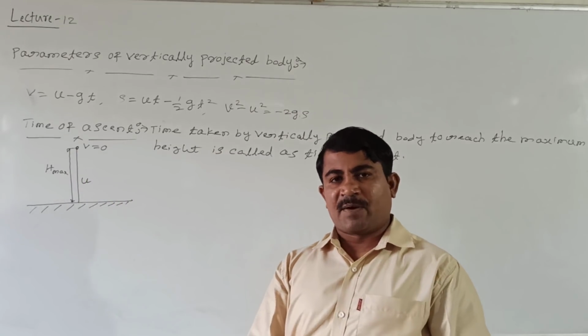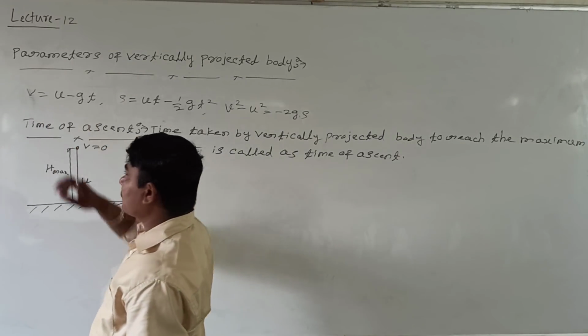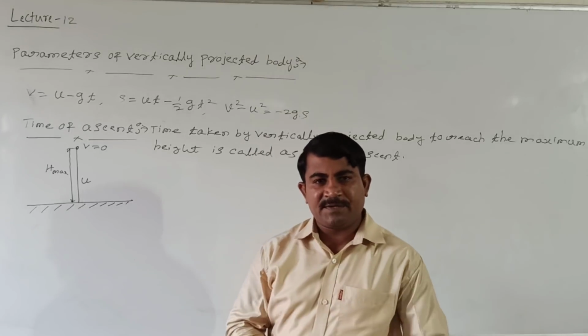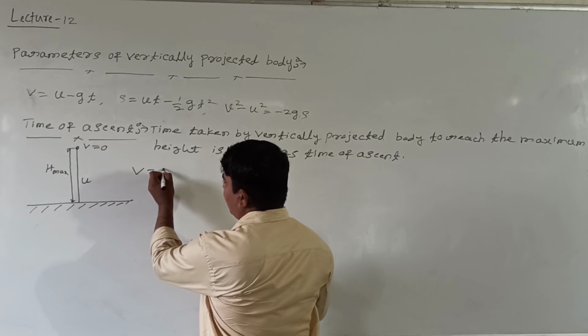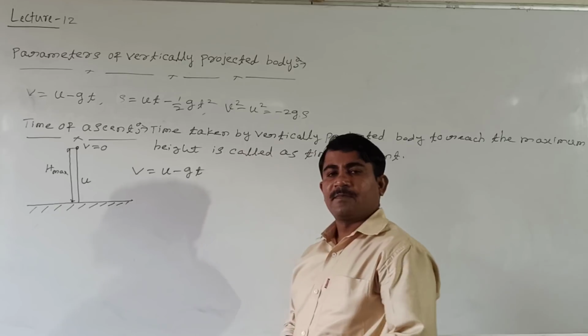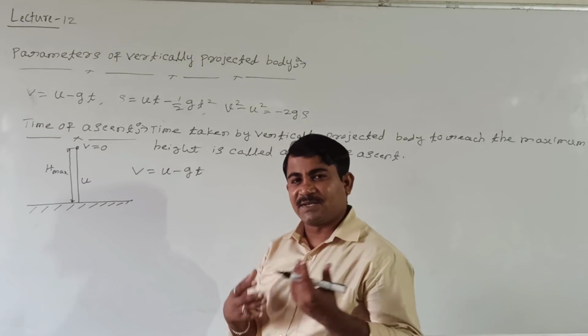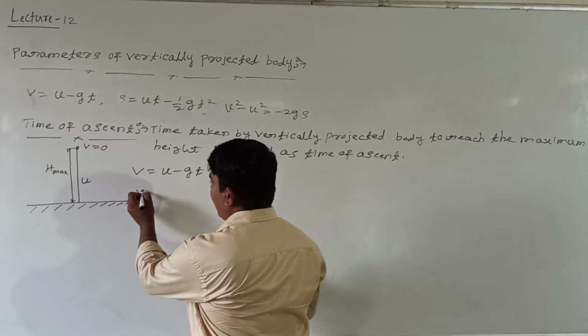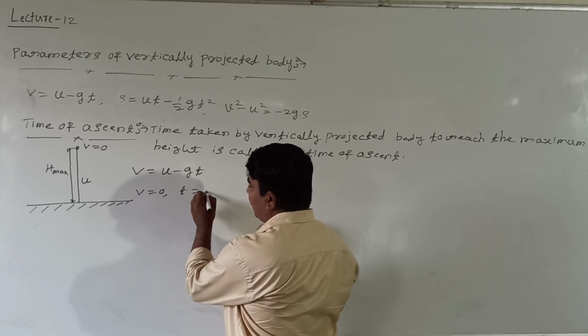How to calculate this time of ascent? Look at this equation: v equals u minus gt when the body is projected upwards. Are you following? At the maximum height, what is the velocity? Velocity 0. At the maximum height, final velocity is 0. But the time of ascent can be replaced by Ta.